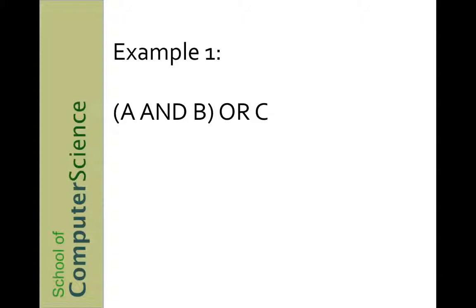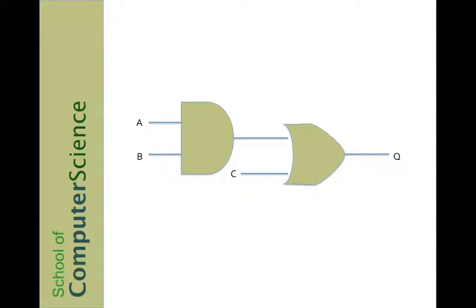So that's A and B, or C. Both A and B are on, or C is on. The first thing that we do is maybe draw up a truth table for this diagram. We've got the AND gate first, taking in A and B, and then we've got an OR gate after that taking C and giving the output.